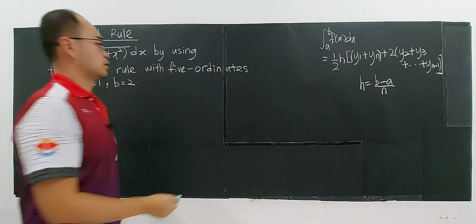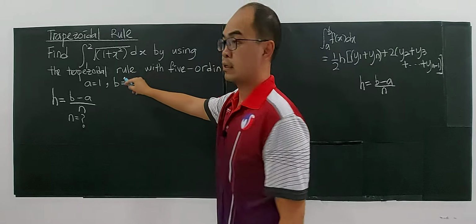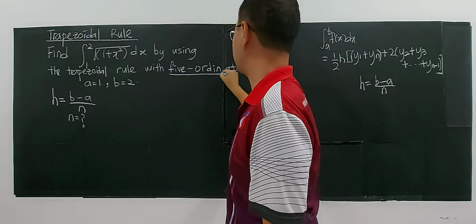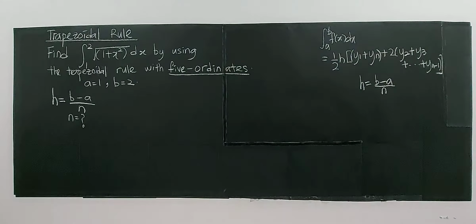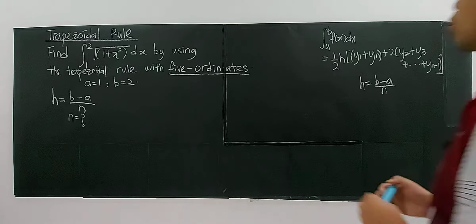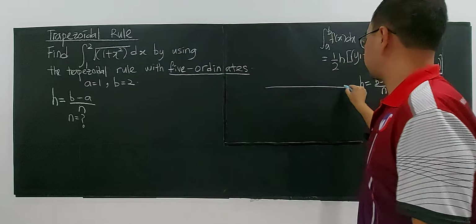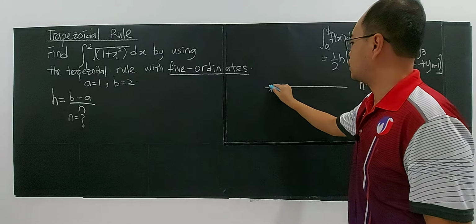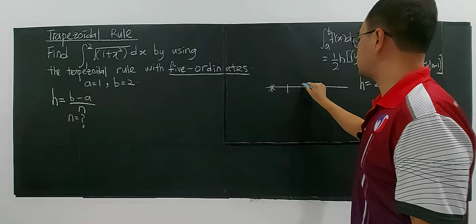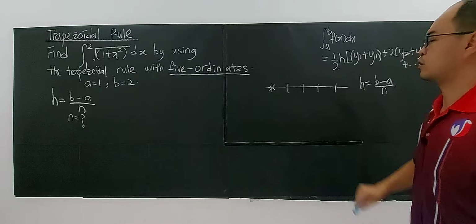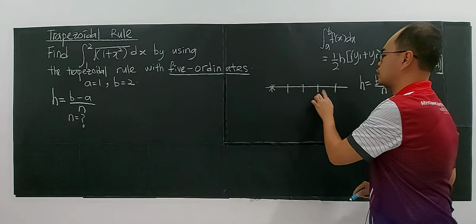Let's look at the question here. They are asking you to use the trapezoidal rule with 5 ordinates. When they say 5 ordinates, we should analyze how many intervals we have. 5 ordinates means 1, 2, 3, 4, 5.